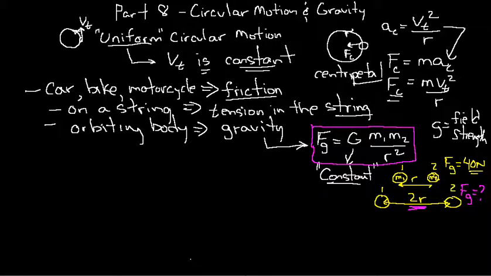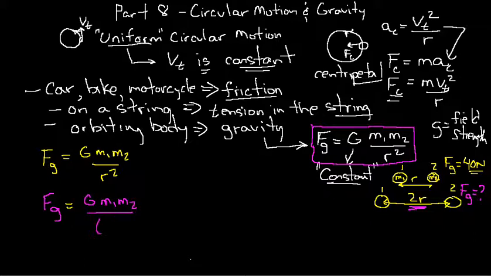Well, let's see what happens to the force of gravity when we double the distance. So the force of gravity is equal to G m1 m2 over the distance between them squared. If we double the distance, then our new force of gravity is going to be G. Mass 1 and mass 2 aren't changing, but the distance now is changed.